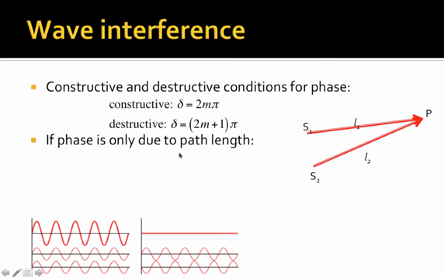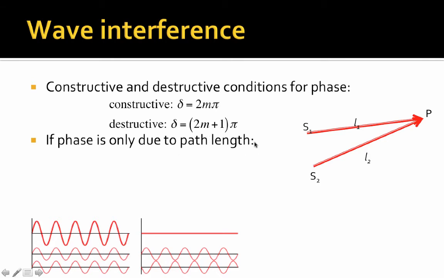So you'll see here that constructive interference would say that the phase difference is 2 pi times m. And for destructive interference, we want to shift by pi, not 2 pi, but odd multiples of pi. And in order to write odd multiples of pi, we have 2m plus 1 times pi.